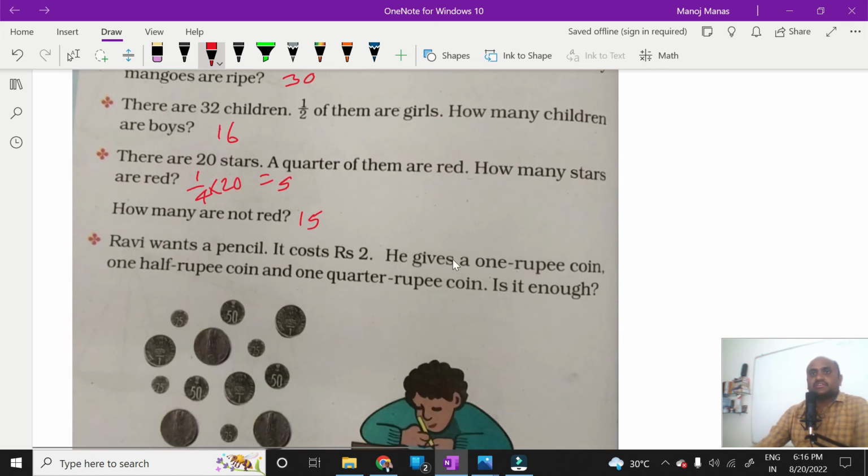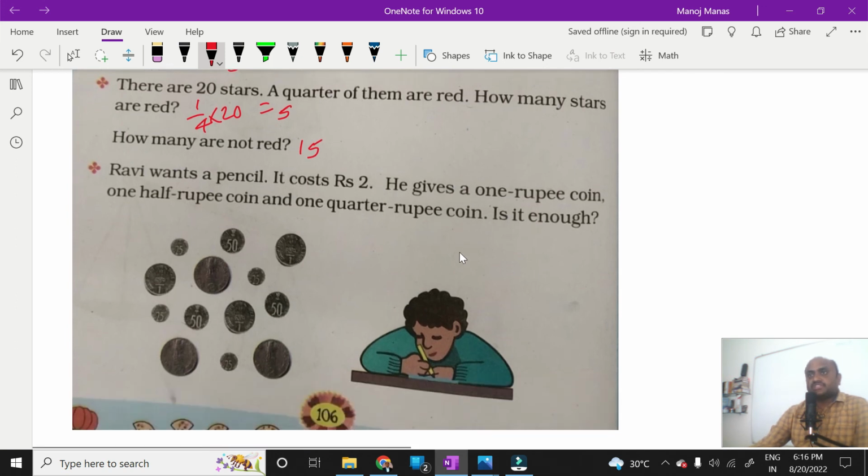Okay, Ravi wants a pencil. It costs 2 rupees. He gave a 1 rupee coin, 1 half rupee coin. Let me write it here. 1 rupee, and then half rupee coin, and then quarter rupee coin, 0.25.